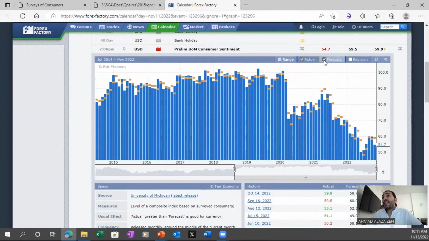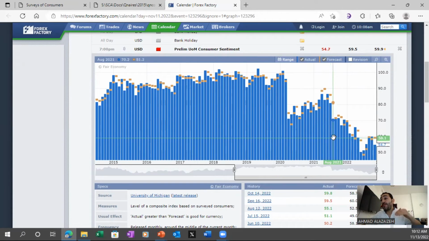So what does the forecast mean? The forecast is the indication or result which is forecasted, meaning that is the expected result. Those expectations are based on the tools the central bank uses, like interest rate hikes or interest rate cuts, and on GDP data and employment data.